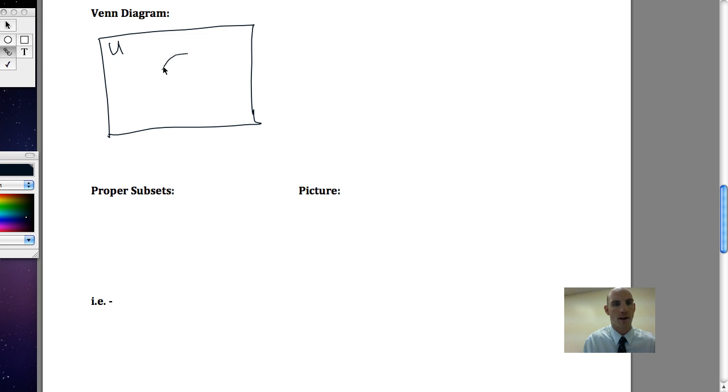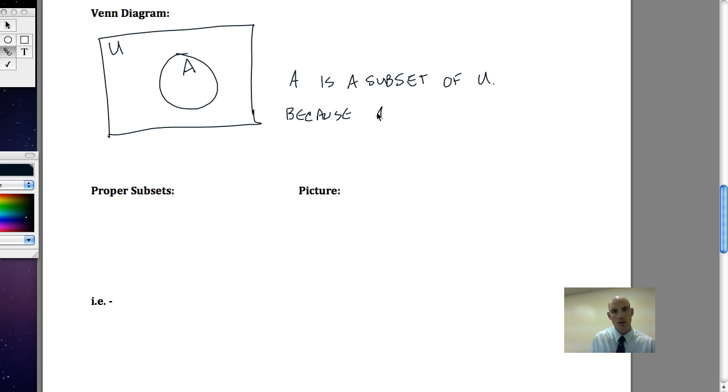And when we talk about a Venn diagram, it has to do with putting subsets inside the universal set. And so what we might say about this is A is a subset of U. A is a subset of the universal set because all elements of A are in the universal set.